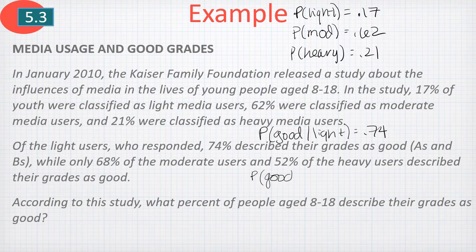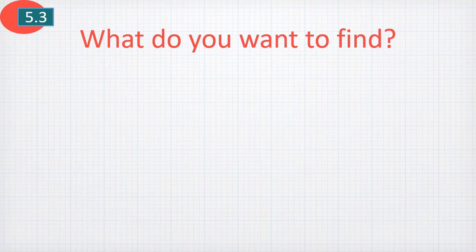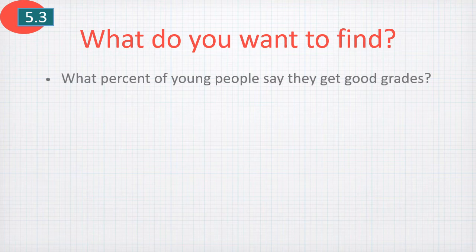So I have good given moderate is 0.68, and the probability of good given heavy is 0.52. Notice I stopped at every point and wrote down something in notation of some sort. Then I'm saying, okay, according to the study, what percent of people age 8 to 18 describe their grades as good? I like to start with, what was I trying to find? What percentage of people say they get good grades? So I want the probability of good.